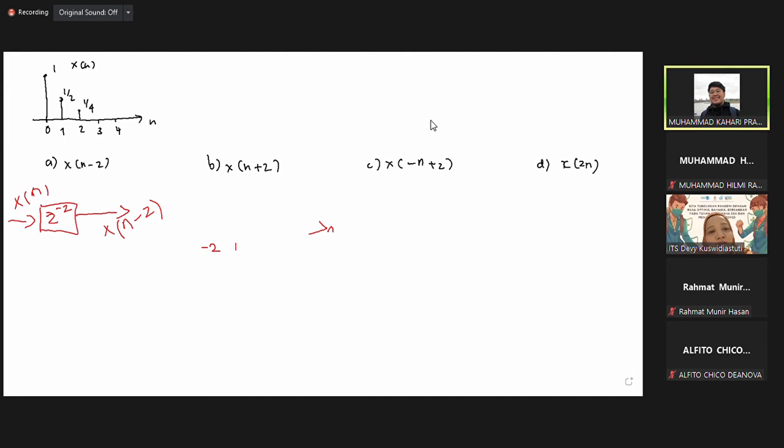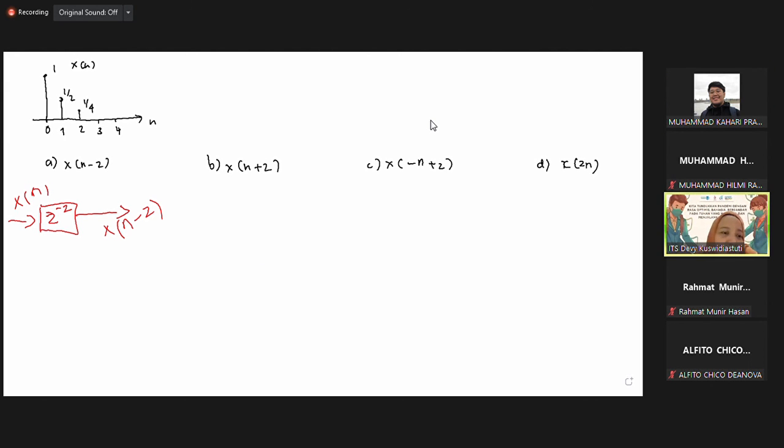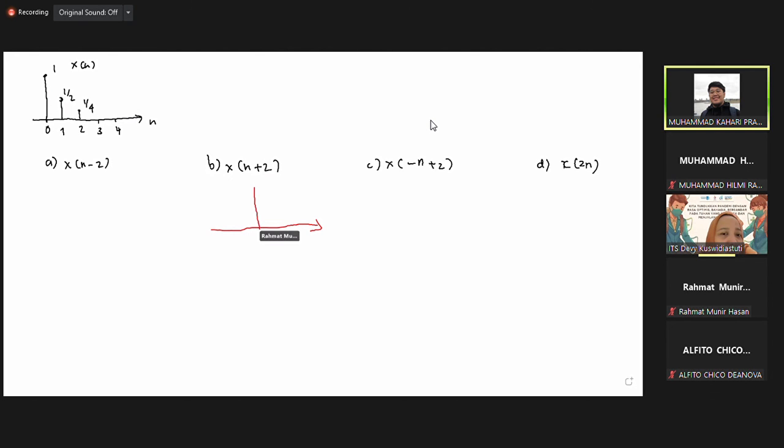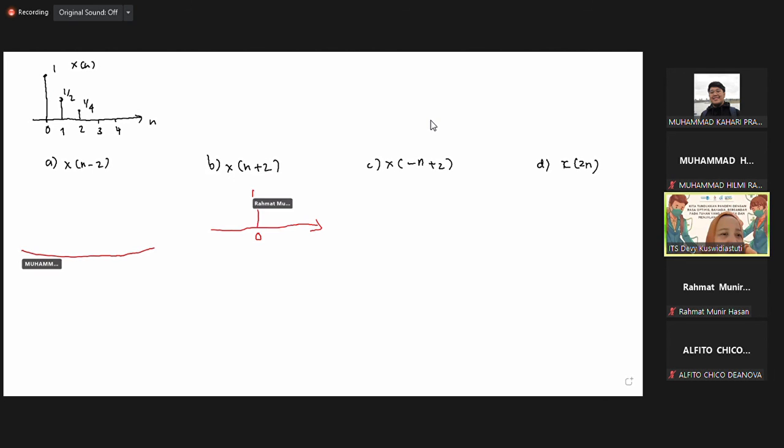Am I doing it correctly, Miss? You are making the diagram for the realization of the system, but it is not the question that is asked. What we see here is a discrete time signal x[n], and I would like to know if you could make a sketch of the signal when it is x[n minus 2] and the other one is x[n plus 2].